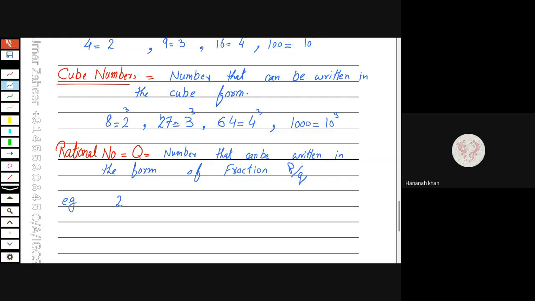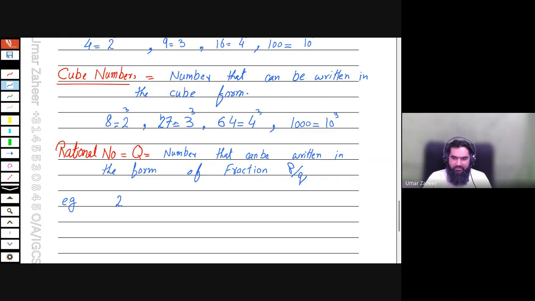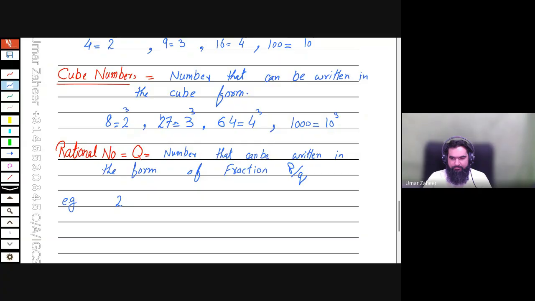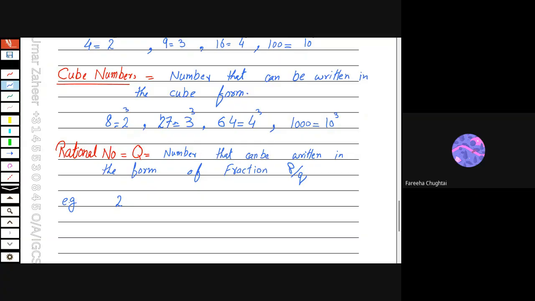No. Okay. Yes, Azizul, is 2 a rational number? Not sure. Yes, Mehran, is 2 a rational number? No, sir. Yes, Farika. I'm sorry, sir. I didn't listen before you asked.